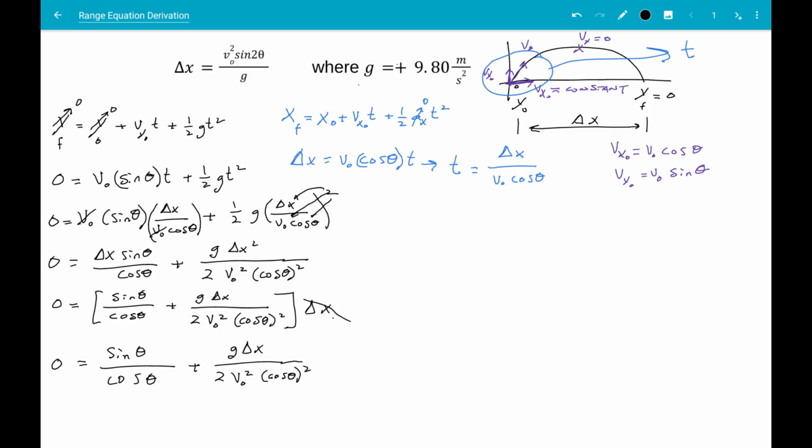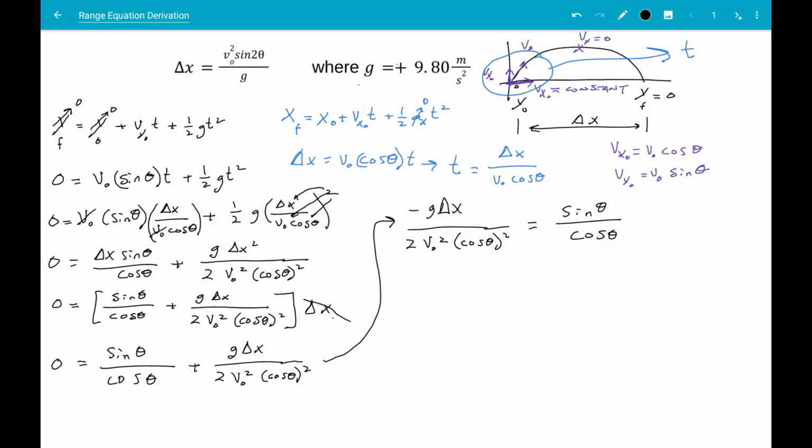Let's check this out. I'm going to move this over here to the right. And I'm going to go negative G delta X. I can move either one, but I'm going to go with this. 2V naught squared cosine theta squared equals, let me back that up a little bit, equals positive sine theta over cosine theta.